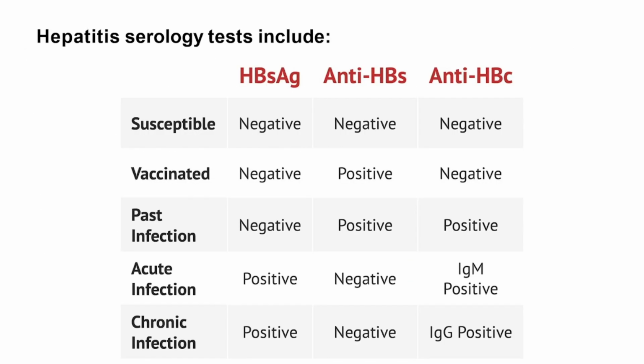The last slide is about the hepatitis serology test, which I already discussed. The hepatitis serology test is mainly used to detect the immune response, the antigen and the antibody levels. So as you can see, there are hepatitis B's antigen, anti-HBs and anti-HBc.